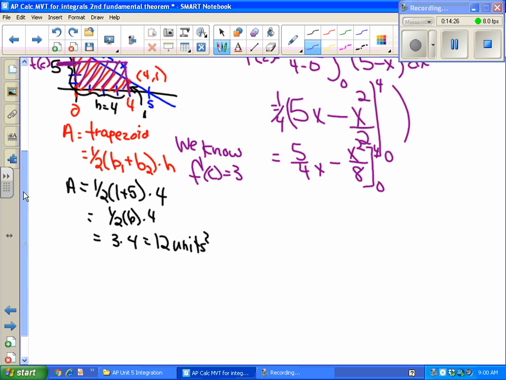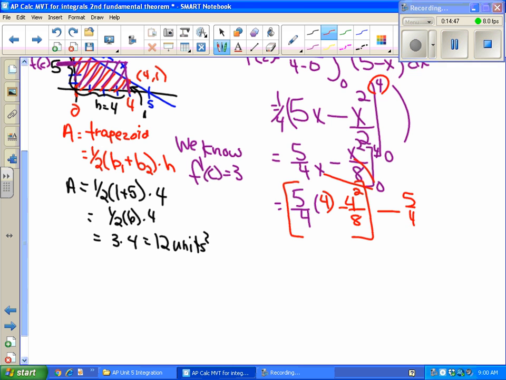All right, so what's 5 over 4 times my first value? I have to put 4 down there, minus 4 squared over 8. And then you have to subtract the lower one. You have to put the lower one in here and here. So that's going to be 5/4 times 0 minus 0 squared over 8.